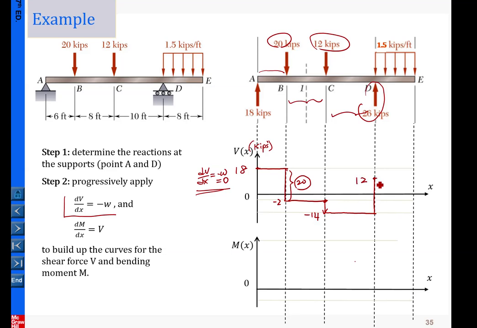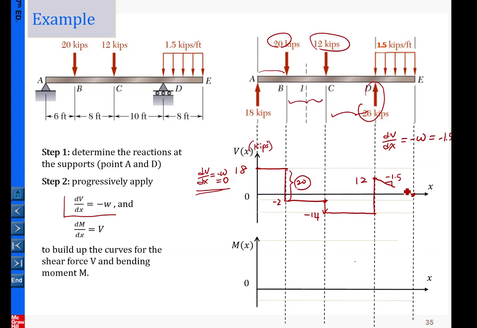Okay, and now in this segment here, we have the distributed loading dV/dx equal to minus w equal to minus 1.5. So that one will have a slope, and this slope is minus 1.5. And at this moment, your drawing should end at 0 here, because here we don't have any shear force, so it must end here.